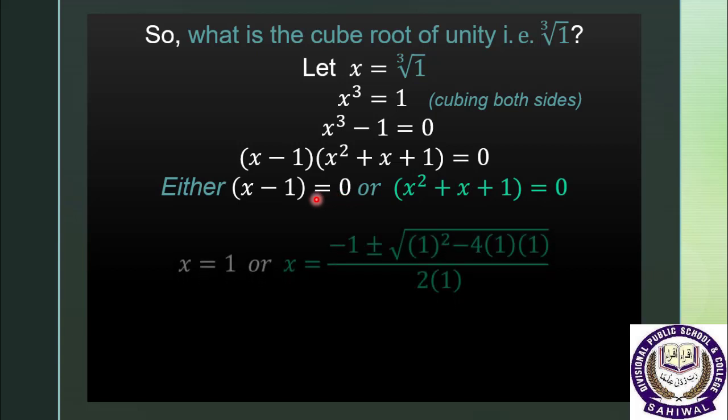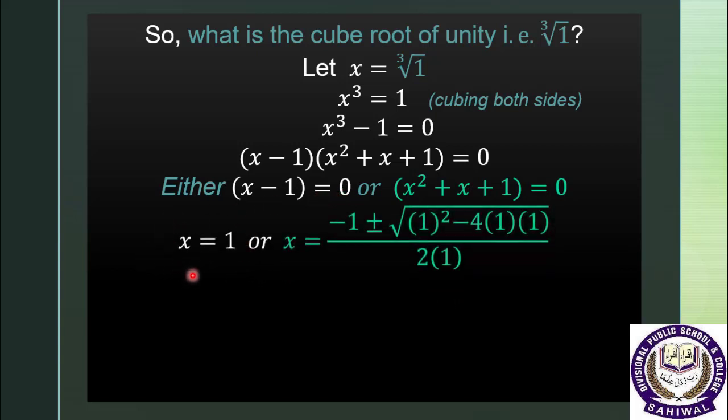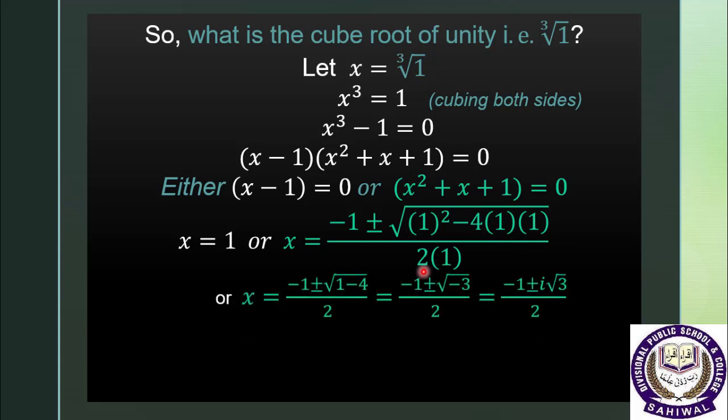Solving them for the values of x, we get x is equal to 1, or applying the quadratic formula, we get minus 1 plus minus square root of 1 square minus 4 times 1 over 2 times 1. Simplifying this, for the value of x, we get minus 1 plus minus iota under root 3 over 2. So we get two complex values and a real number 1.